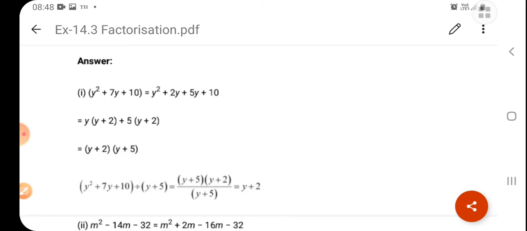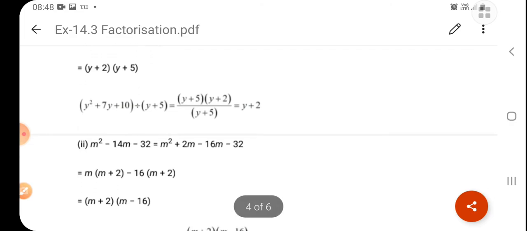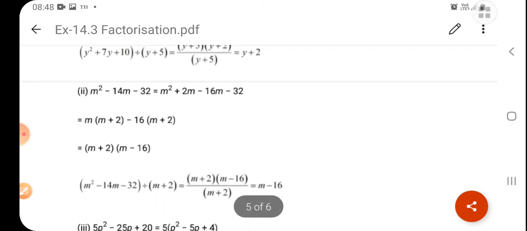Take the common factor y plus 2, and write in fraction form. In the numerator we have y plus 5 and y plus 2, and in the denominator we have y plus 5. Y plus 5 and y plus 5 will cancel out. Y plus 2 is the remaining answer.